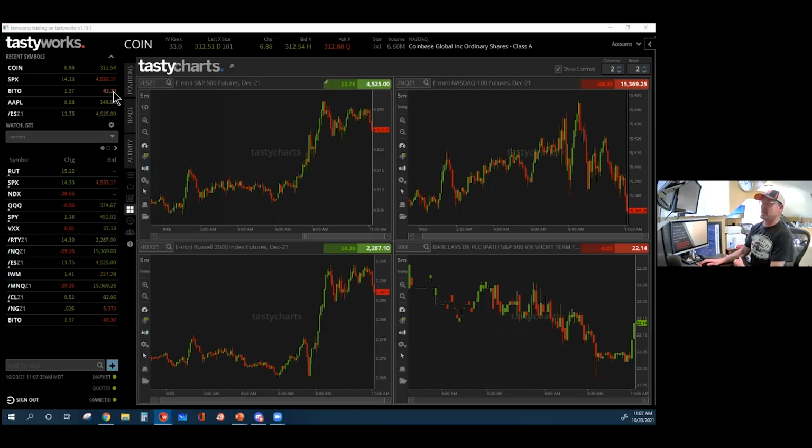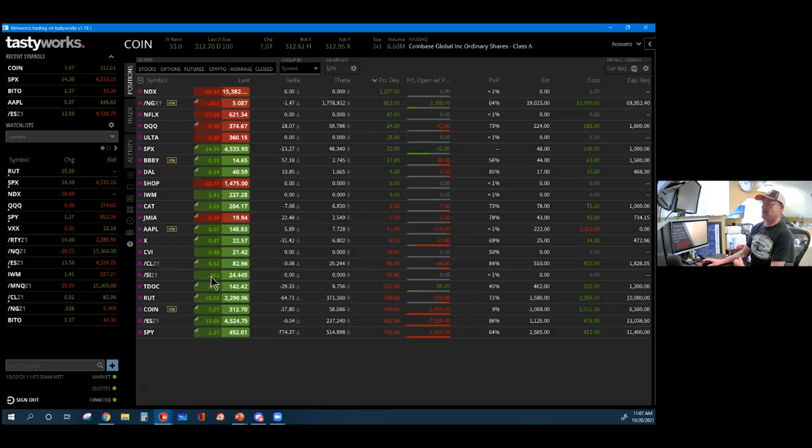I was just going to say that our third 0DTE trade of the day is one we are looking to exit. We're counting our Russell 0DTE too, and we're still not exiting our Russell trade yet, but our third 0DTE today is at about a 50% capture rate right now.